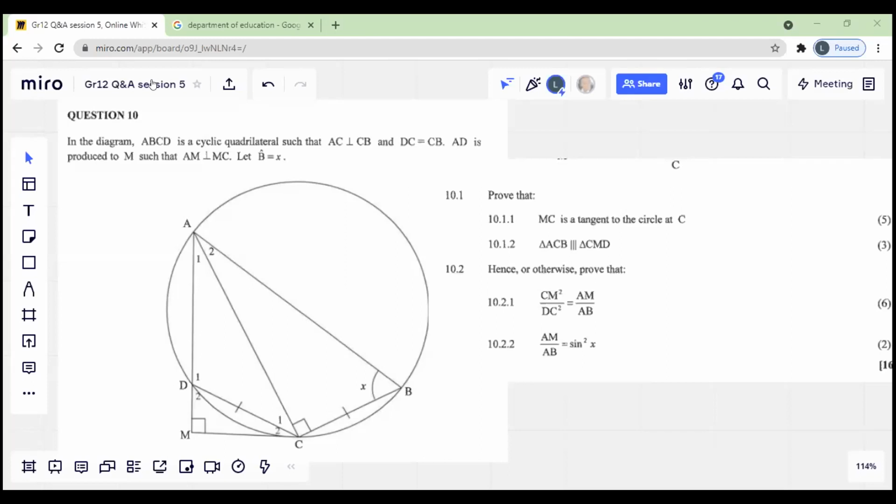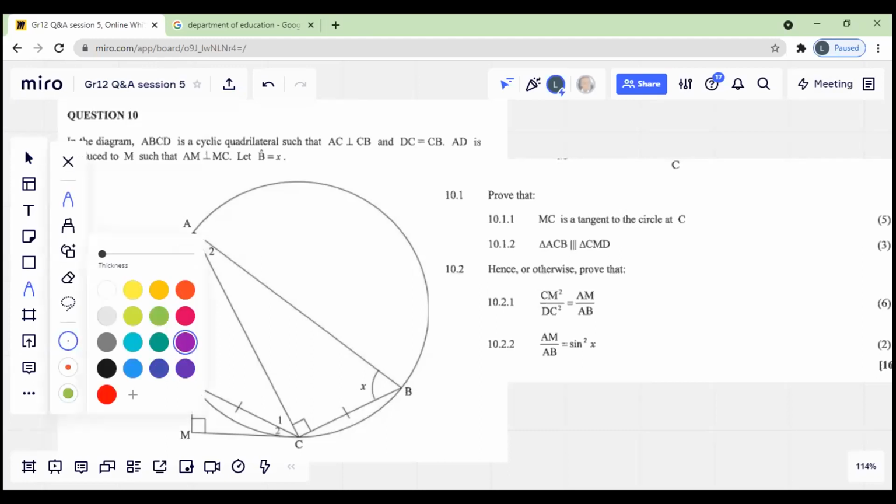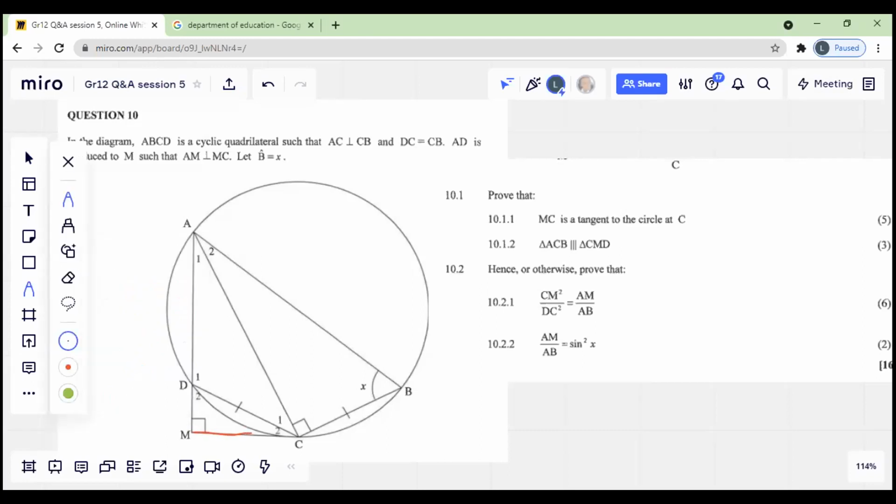If we want to prove that MC is a diameter, then MC, this line over here, would be the chord. So this would be the angle between the chord and the line that we're going to prove is the tangent.